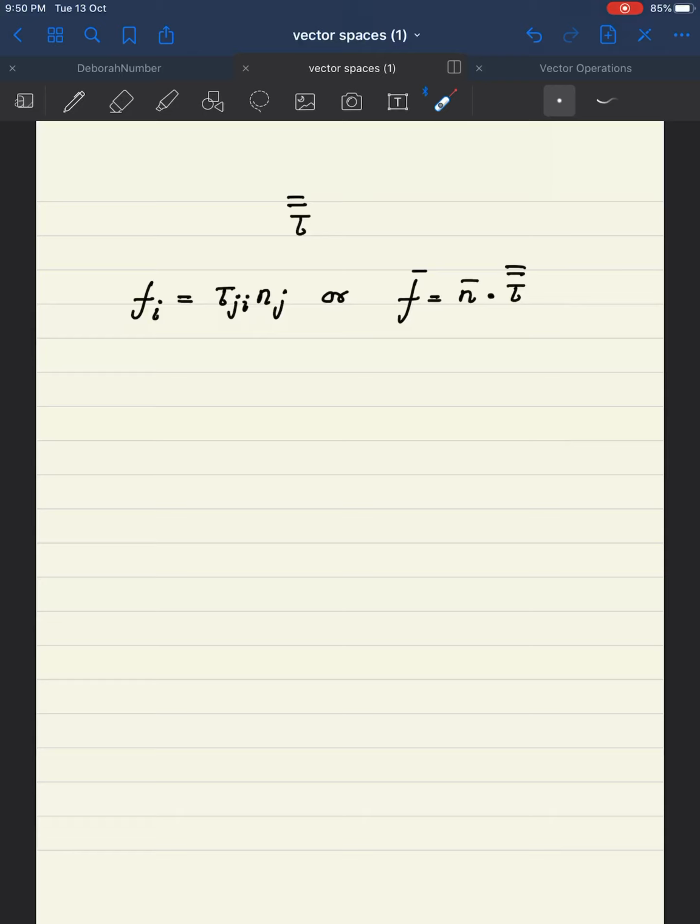Another important thing which I have not covered so much, but which is important, is the idea of eigenvalues and eigenvectors. And the idea is simple.